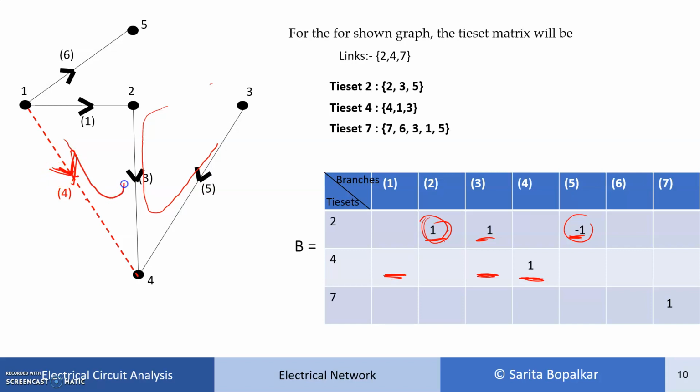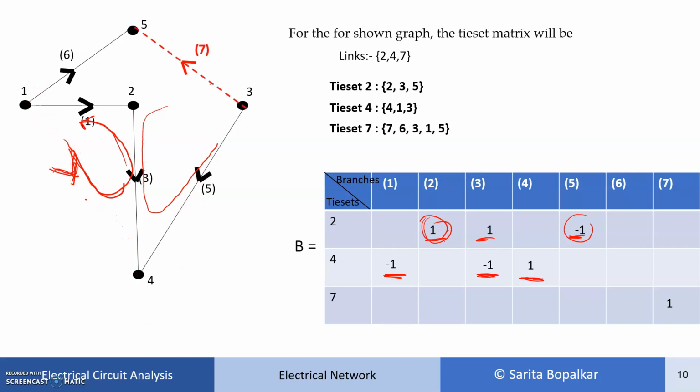So this is the orientation of our branch 4. Which branch coincides? The orientation of our link is opposite to 3 and 1. So for both branches 1 and 3, it is -1 because they don't coincide with the orientation of our link 4.